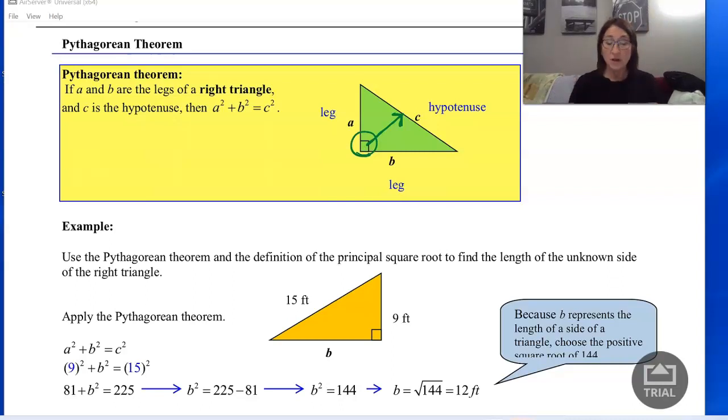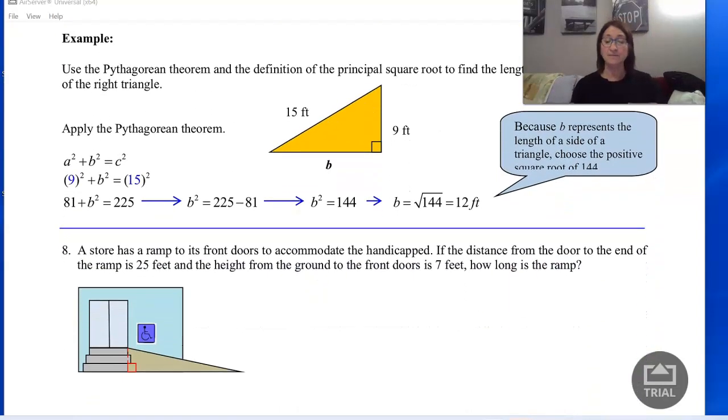Okay, so in this example here, we have a triangle. The 15 is that hypotenuse, and so that's our C value. And then the 9 is one of the legs that is coming together to meet that B, okay? So I'm going to call that A. Then we just plug our numbers in. 9 squared plus B squared is equal to 15 squared.